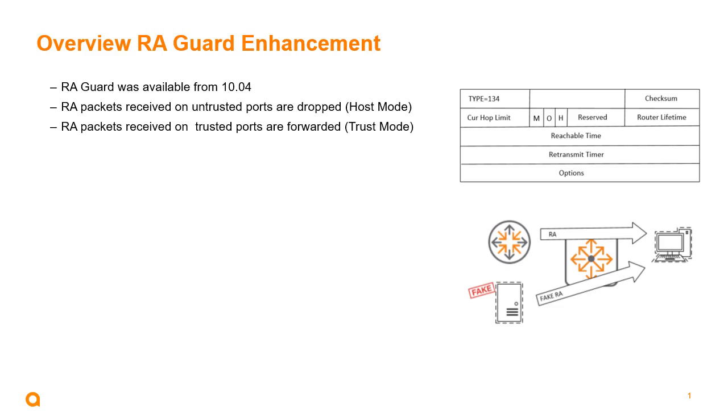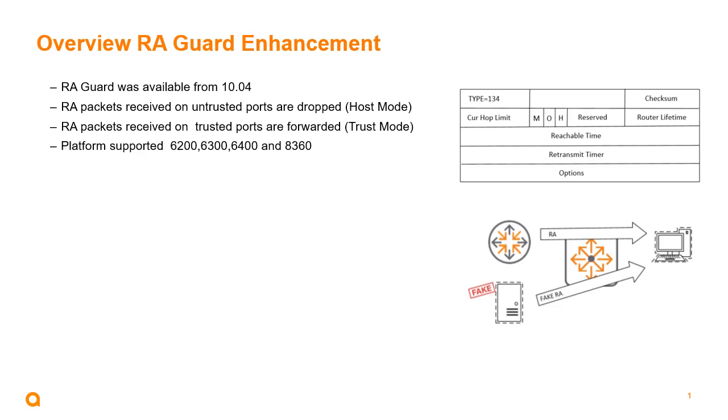Then we have trust mode, which is effectively any RA packets received on trusted ports are forwarded. This is typically upstream of where we expect to find the RA. This was supported on platforms 6200, 6300, 6400, and 8360.